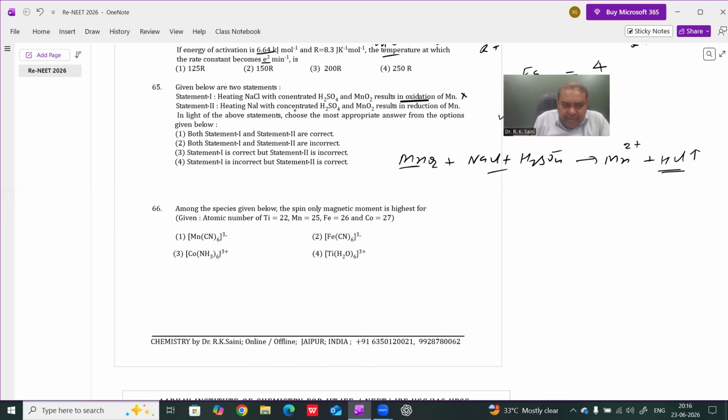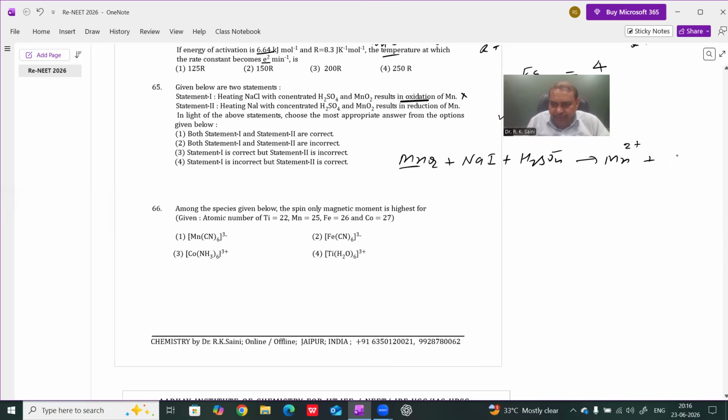In case second, we take NaI with concentrated H2SO4 in the same reaction. It is salt analysis, a question taken from salt analysis. When the test of iodine takes place, then HI is formed.